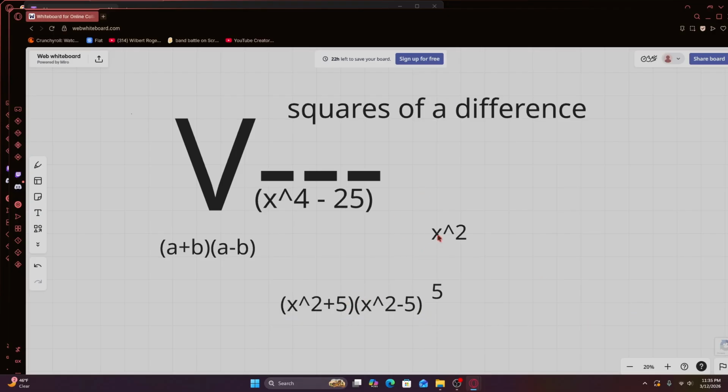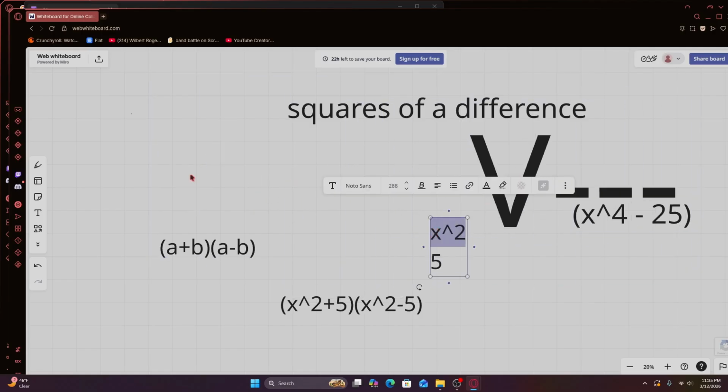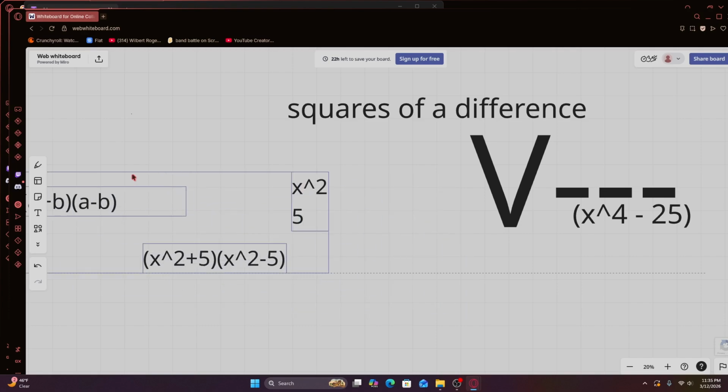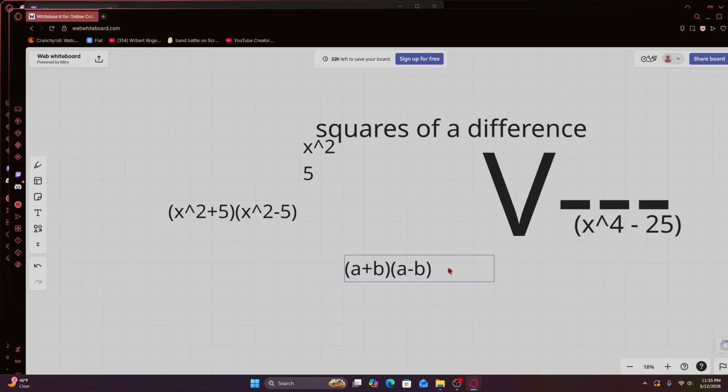Now, occasionally, when you are factoring the square of a difference, something different happens. We can use x to the 4 again. Bring this over, because this is important.